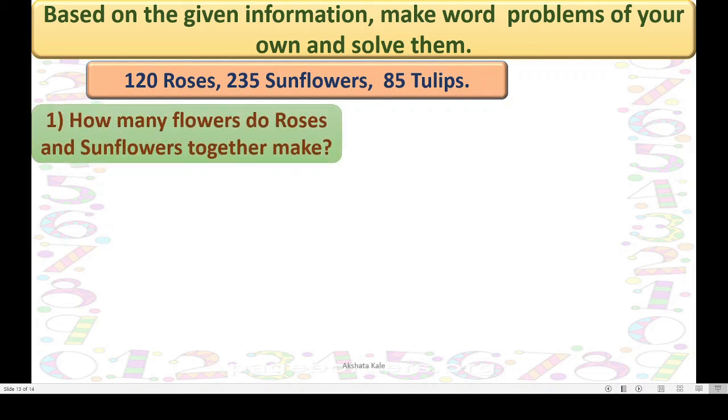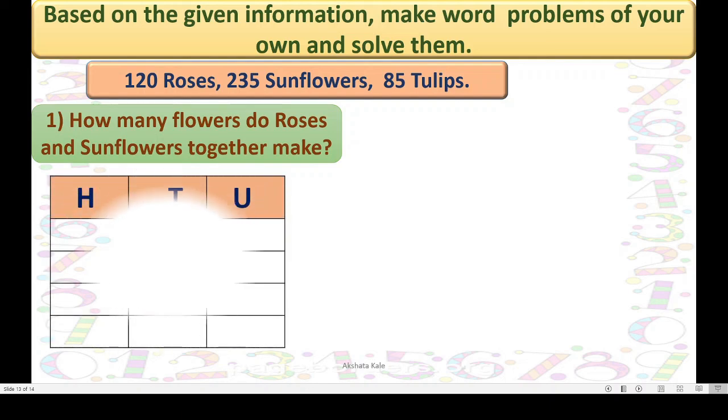See, this is the first one. How many flowers do roses and sunflowers together make? Yes, this is addition, correct? Because we are going to add roses and sunflowers. Isn't it? So, what is the number of roses? 120. Sunflowers 235. If we add these two numbers, then we will get the total number of flowers. So we will make a table.